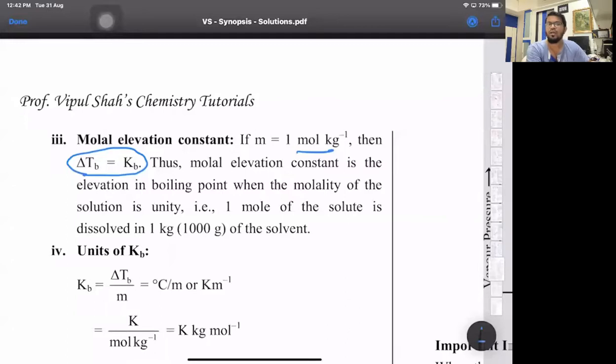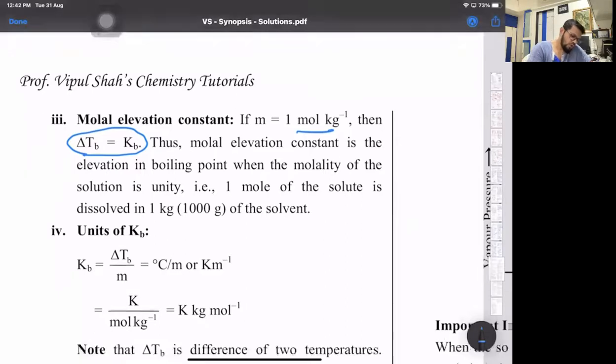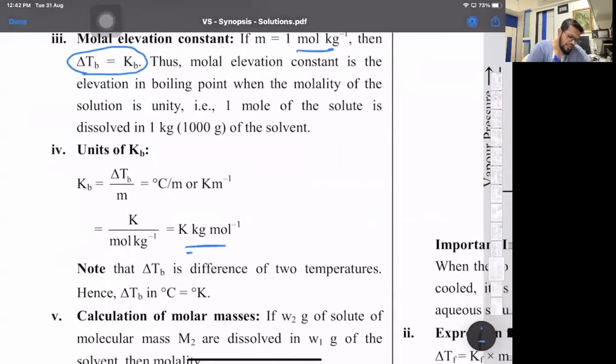In other words, the molal elevation constant Kb is the elevation in boiling point produced for a 1 molal solution, that is, 1 mole of solute dissolved in 1000 grams or 1 kg of pure solvent. The unit of Kb is Kelvin kg per mole, or Kelvin per molality, because Kb is delta TB by m.